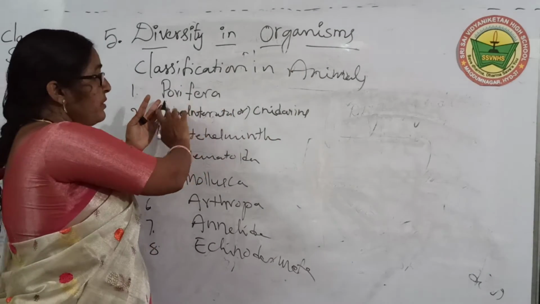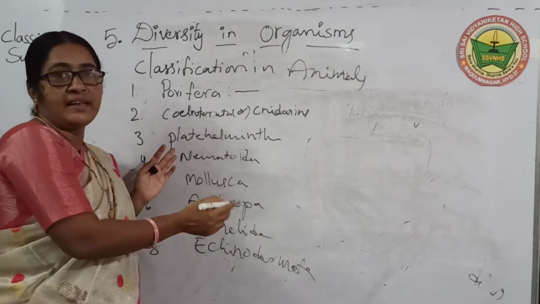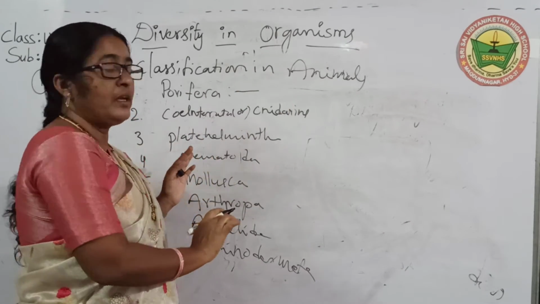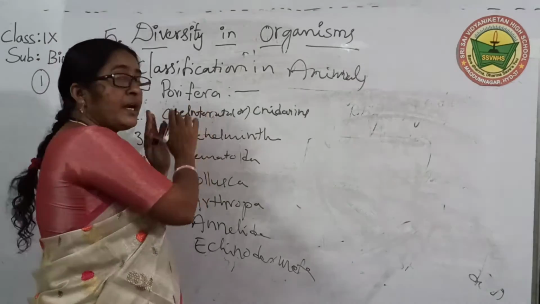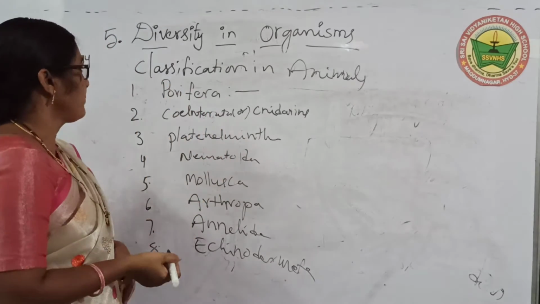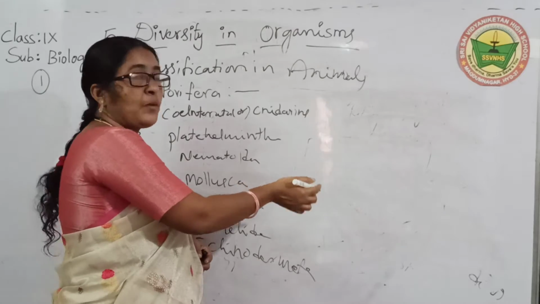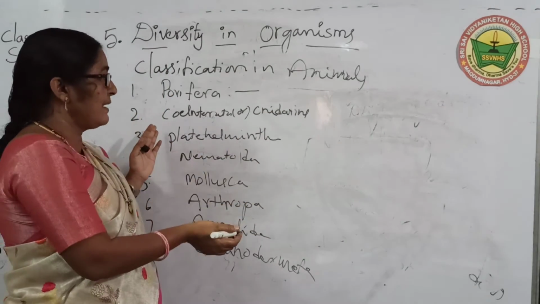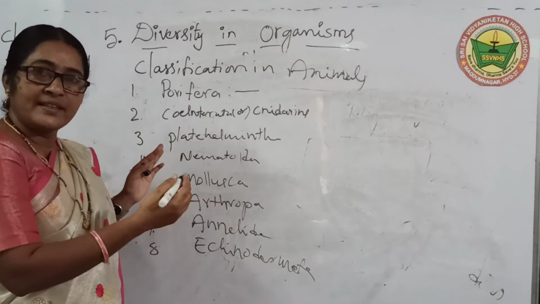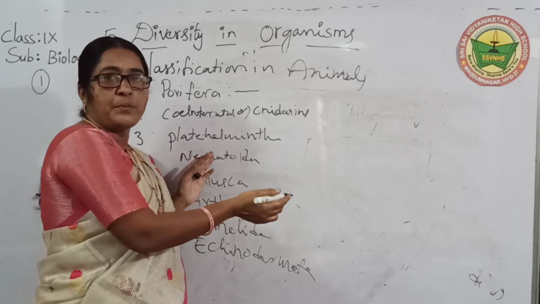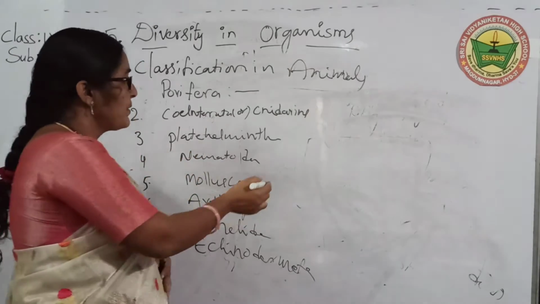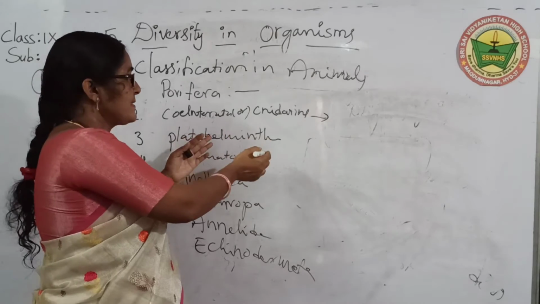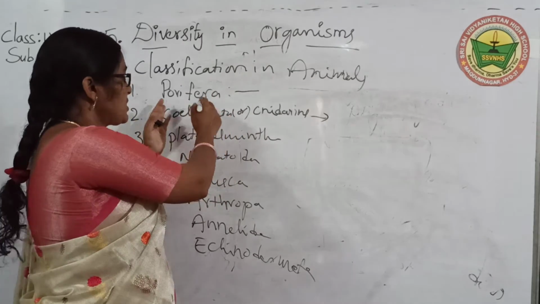Porifera are smaller organisms living in water and attaching to supports. Their bodies have small pores. For example, sponges. Next, Cnidarians are also aquatic organisms attaching to supports, but they are more developed than the first group, Porifera.